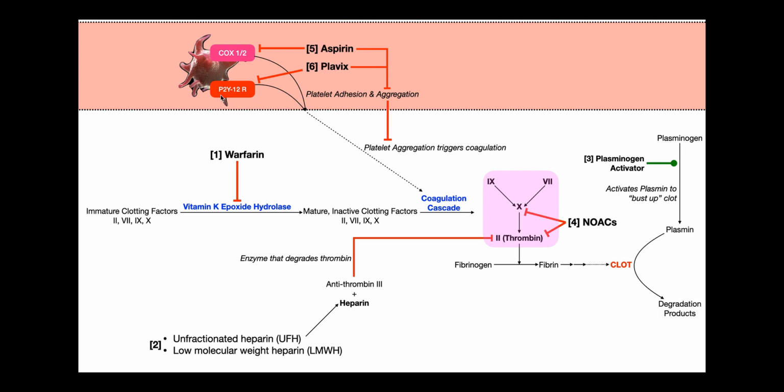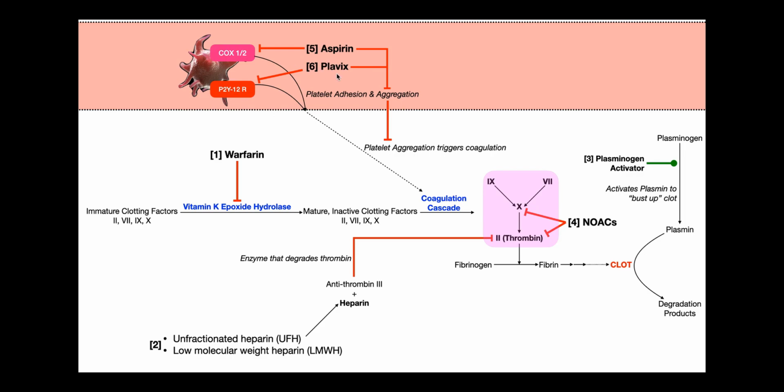There's also another protein on the cell surface of the platelet called the P2Y12 receptor. This is a fancy name for a receptor that basically promotes platelet adhesion and aggregation. So there are certain molecules that can bind to these receptors, and when they bind, they basically allow the platelets to adhere and then to aggregate.